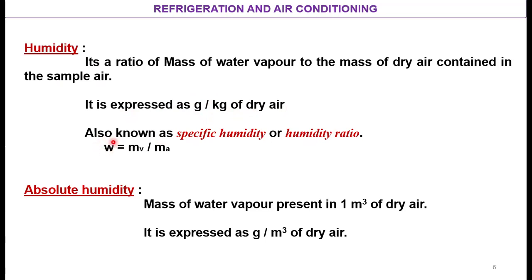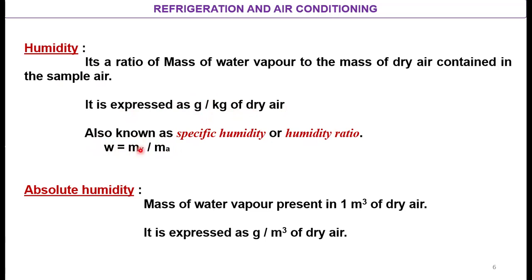So omega or w is equal to mv divided by ma, where v stands for vapor and a stands for dry air.